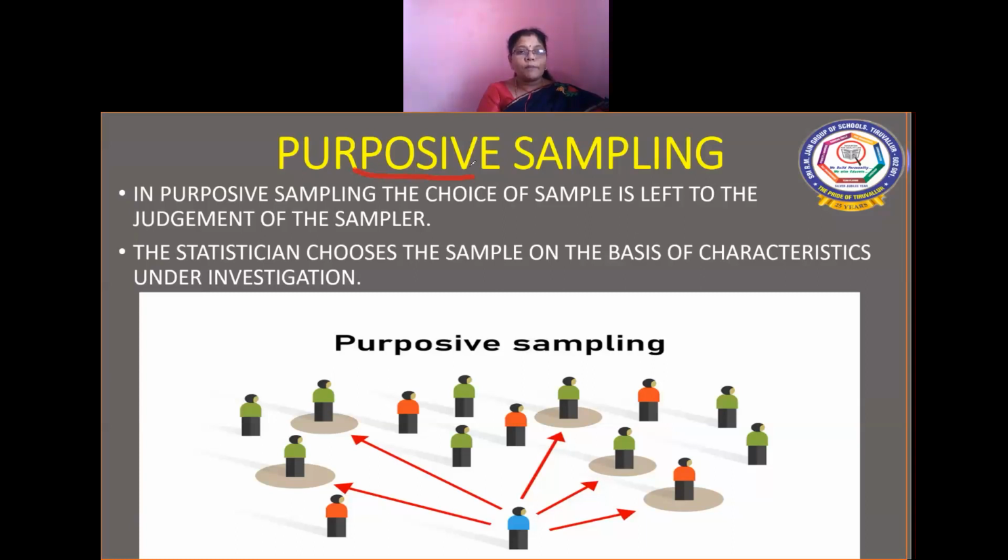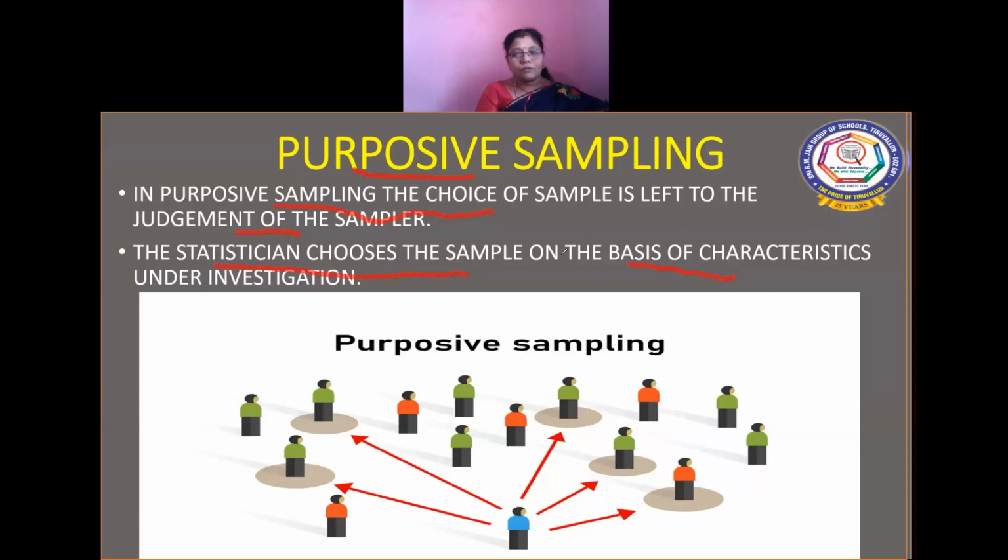In purposive sampling, the choice of the sample is left to the investigator or the sampler, the person who is going to investigate and select the items. So the statistician chooses the sample on the basis of the characteristics under investigation.